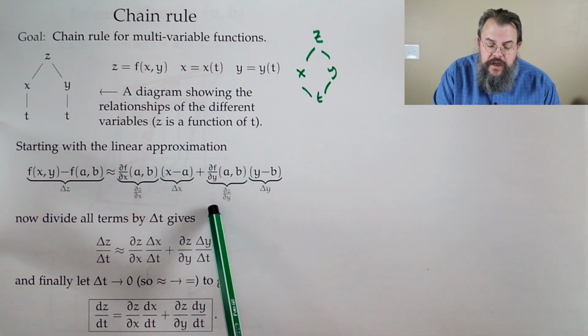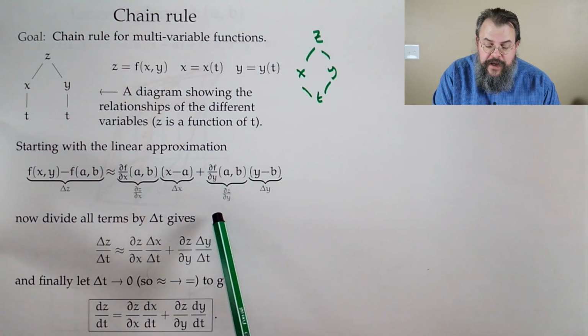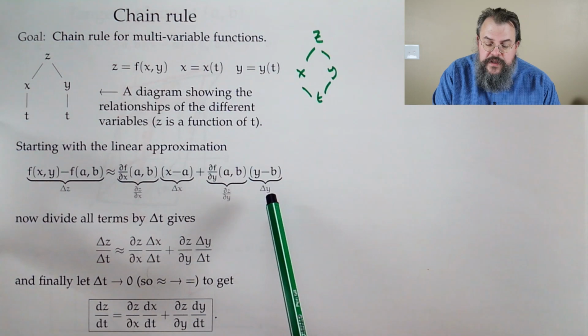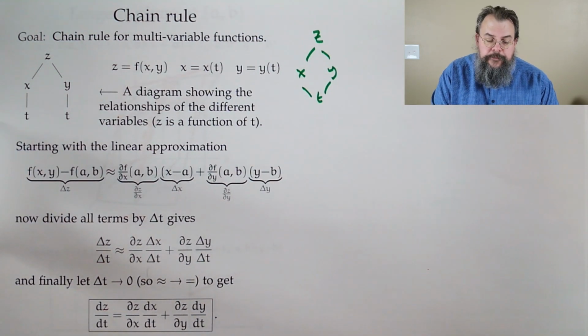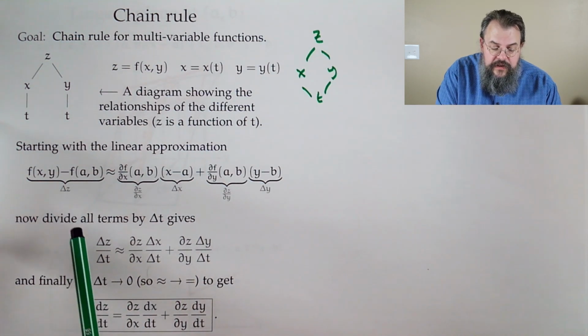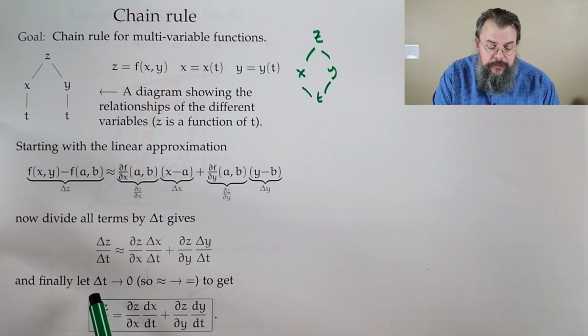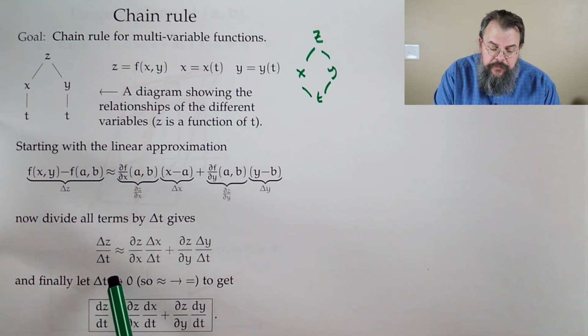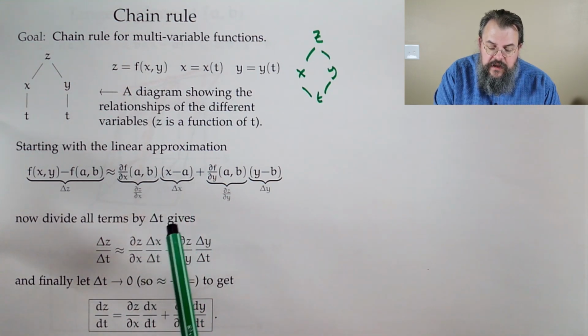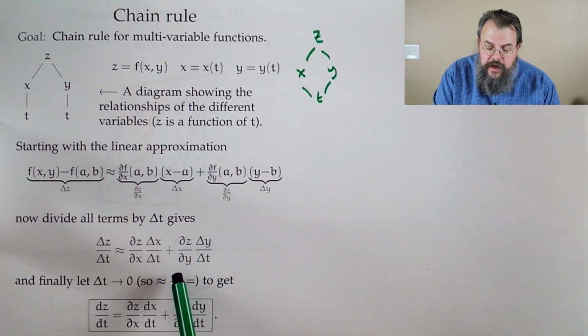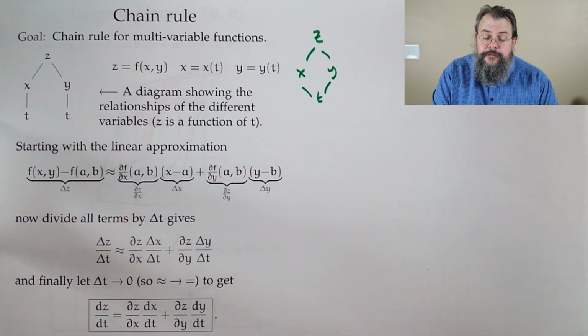Plus partial f partial y at a, b, which is partial z partial y, the rate of change of z with respect to y, times y minus b, which is how much change there is in y. If you divide everything by delta t, delta z divided by delta t, the change in z with respect to t, which is what we're trying to figure out, is approximately partial z partial x, delta x over delta t, plus partial z partial y, delta y over delta t.